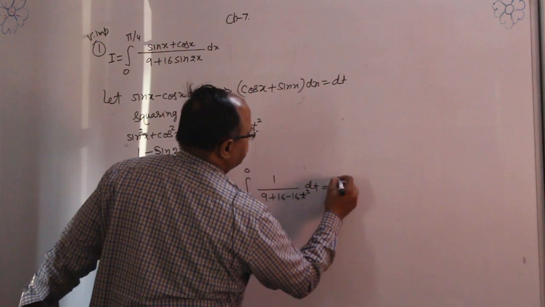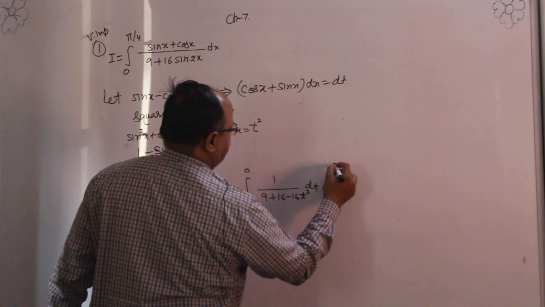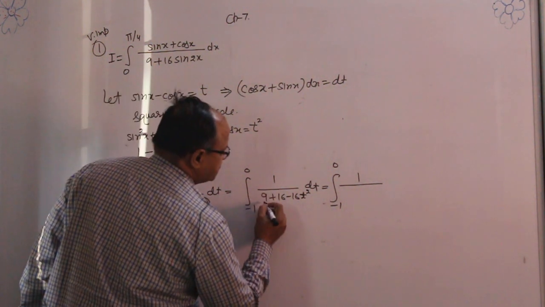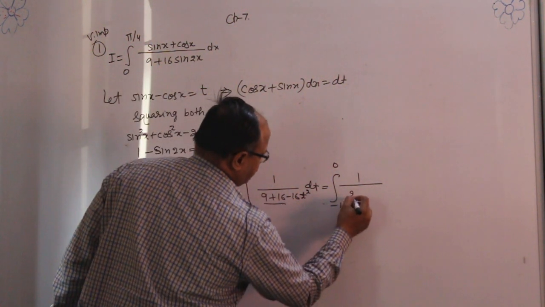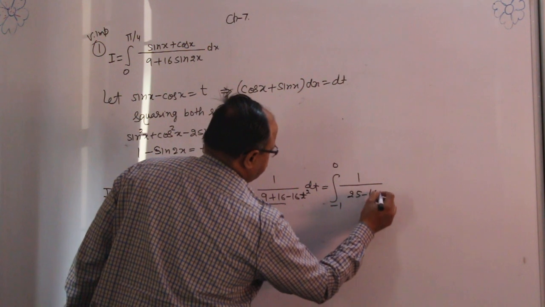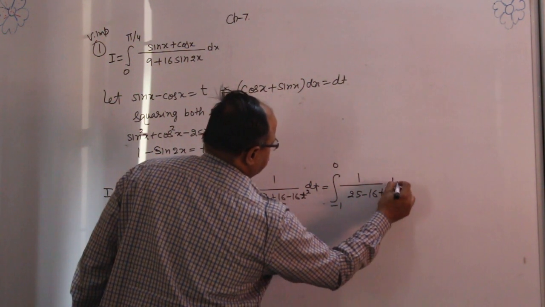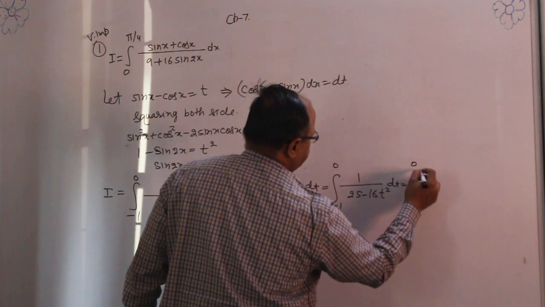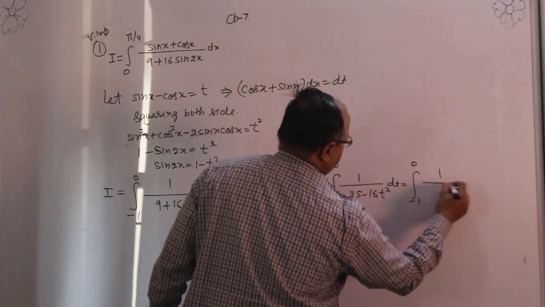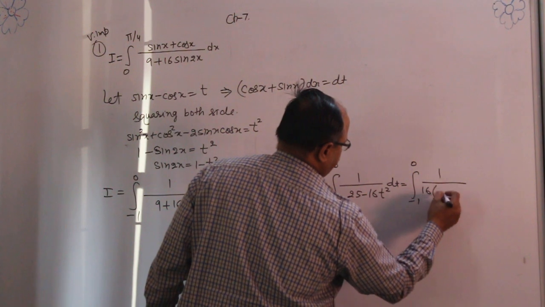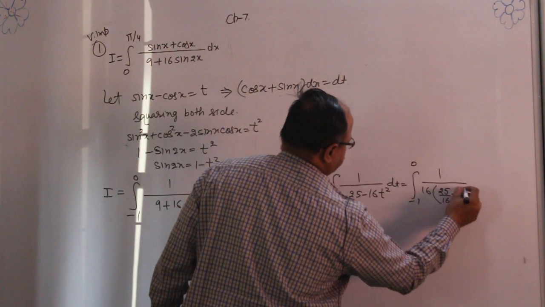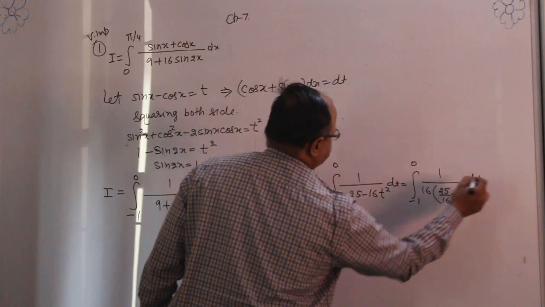Further simplify. Limit minus 1 to 0, 16 plus 9, you know, 25, minus 16 t square dt. You can take 16 common, therefore 25 by 16 minus t square dt.